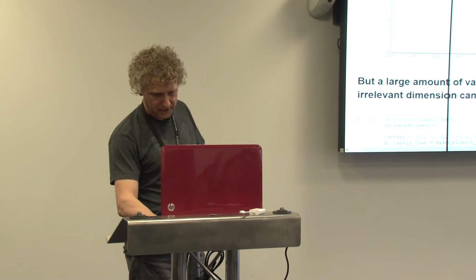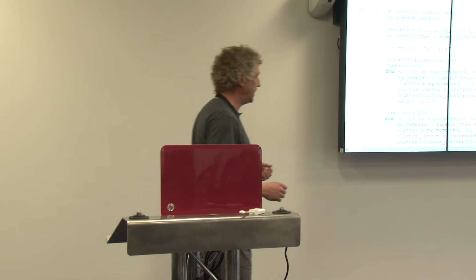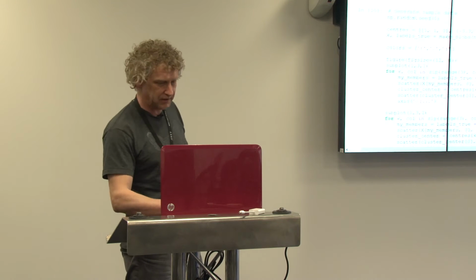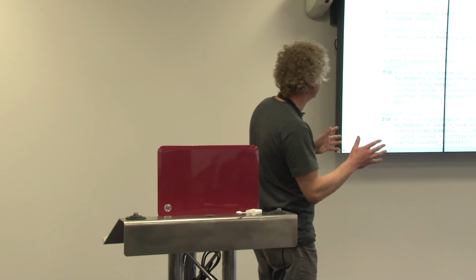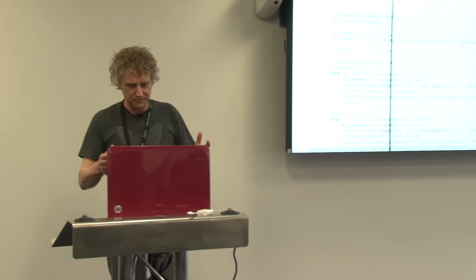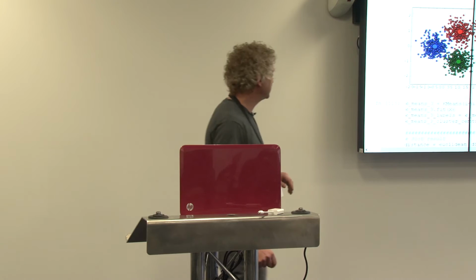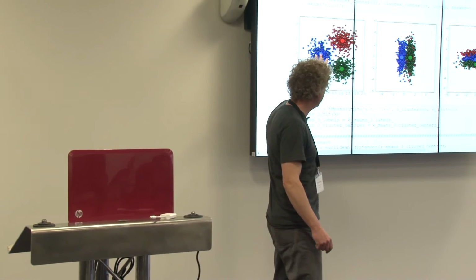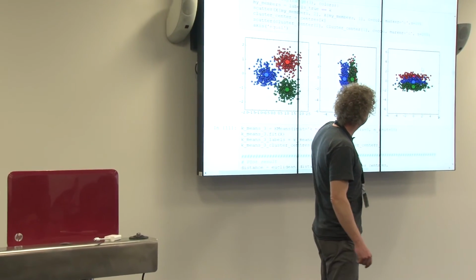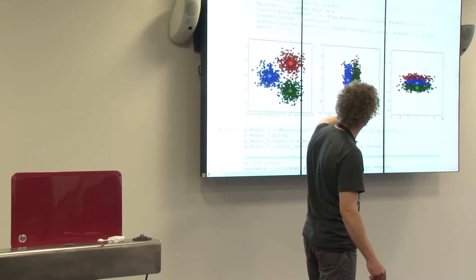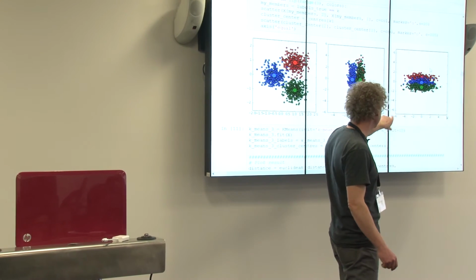So what happens if we have a large amount of variance in just one of the single dimensions that we've added? In this case, we've gone back to 3 dimensions. We've got the original nicely well separated 2 dimensions that we've been playing around with, and shown the other plots of the second versus the third and the first versus the third.